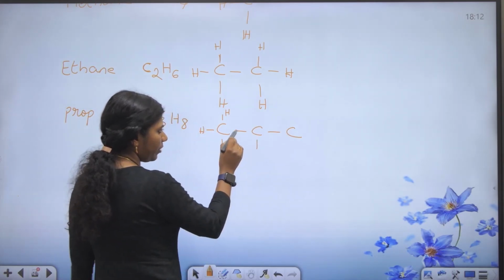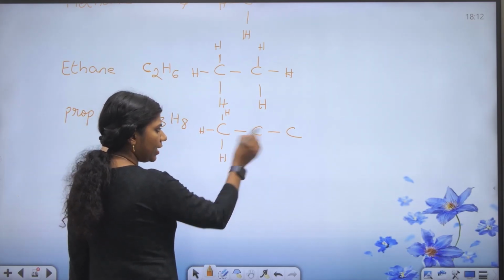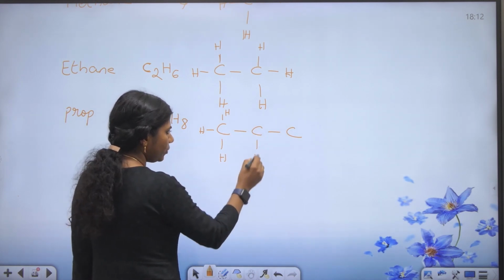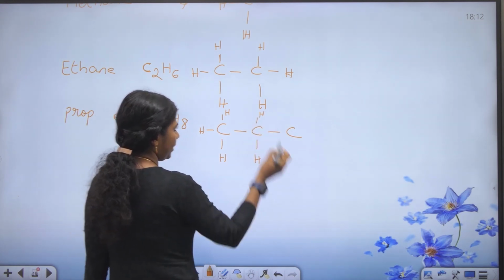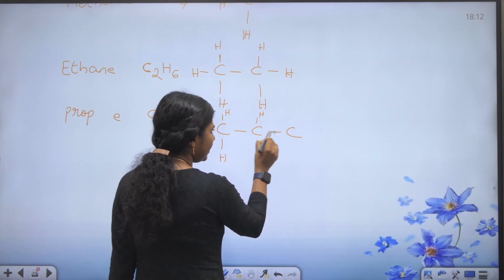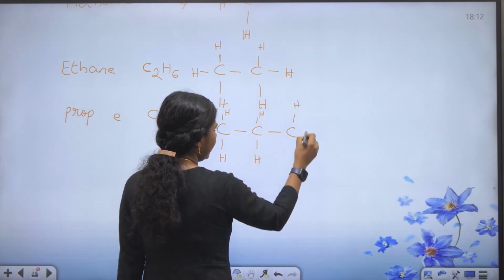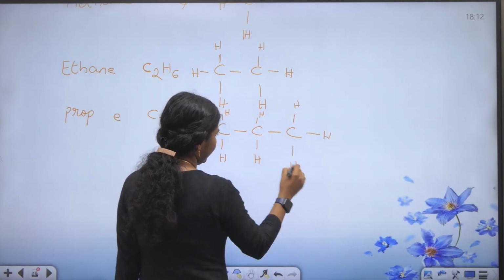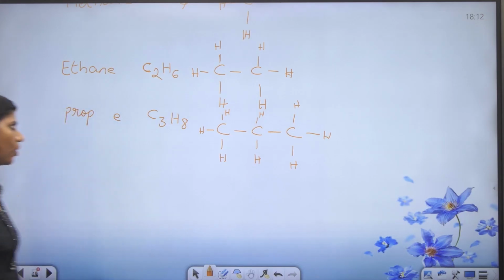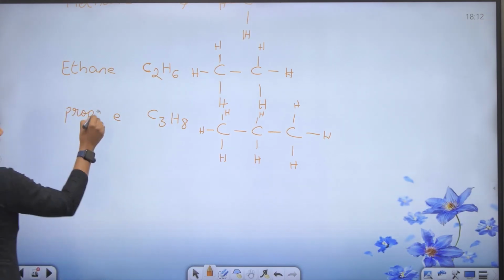For the second carbon atom, 2 valencies are satisfied and the remaining 2 valencies are satisfied by 2 hydrogen atoms. For the third, only 1 valency is satisfied and the remaining 3 valencies are satisfied by 3 hydrogen atoms. This is the structure of the propane molecule.